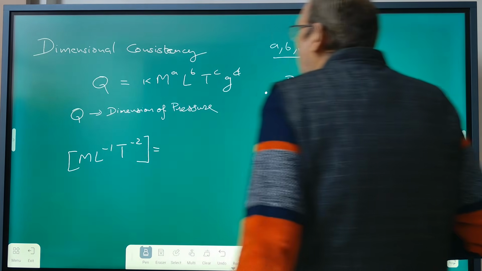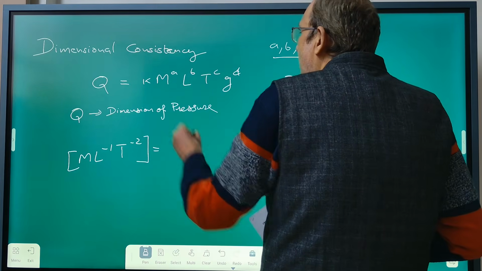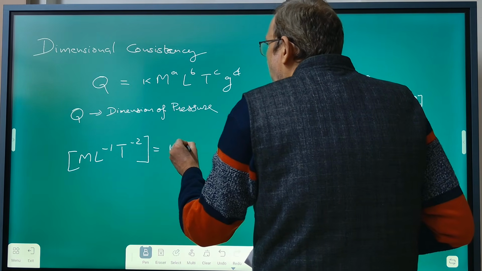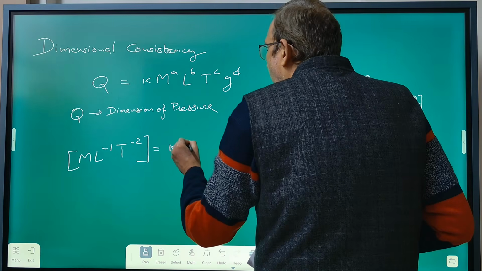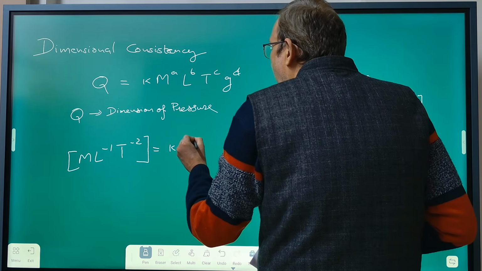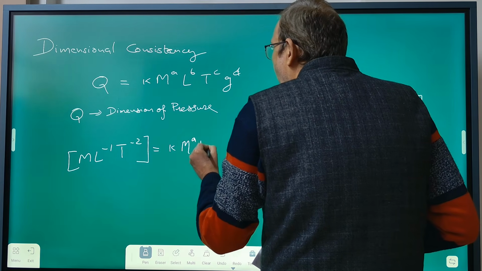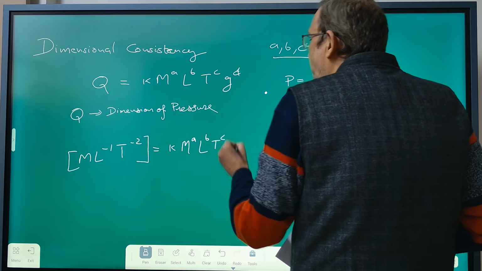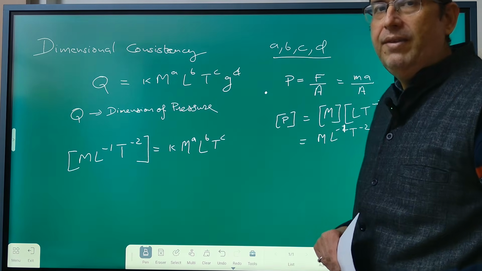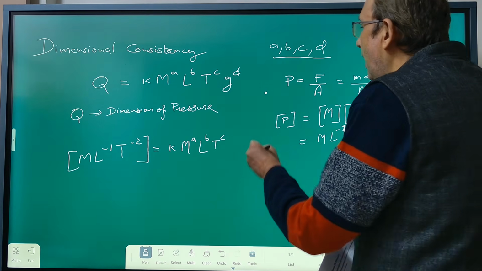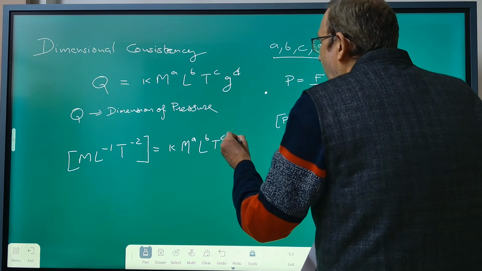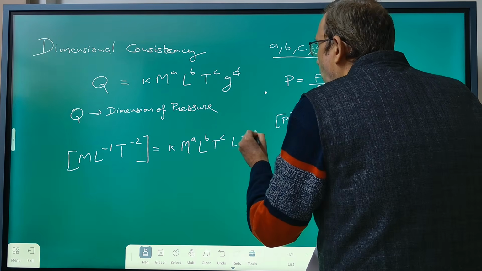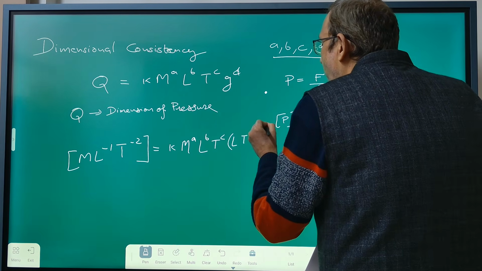This is to be equated with the given dimension, that is K, which is dimensionless, M raised to power a, L raised to power b, T raised to power c, and g is again acceleration due to gravity, so that becomes L T raised to power minus 2, whole thing raised to power d.